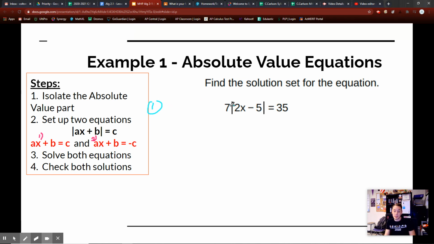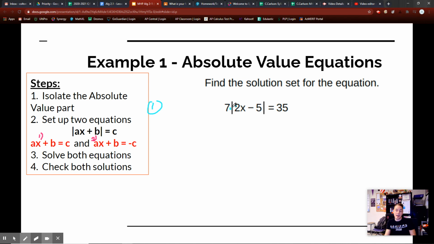What does that mean? Well, first of all, look at this. Are the bars completely and utterly by themselves on one side of the equation? Yes or no? Your answer should be no. Because there's a 7 that's not inside the absolute value part that's attached to it. How is it attached to it? This is technically multiplication here.